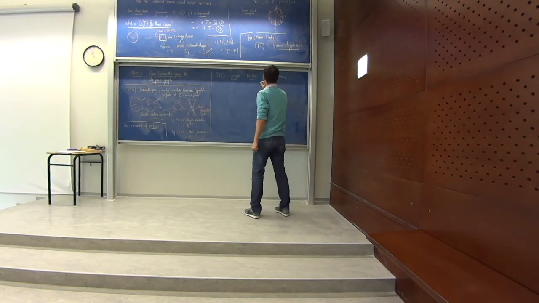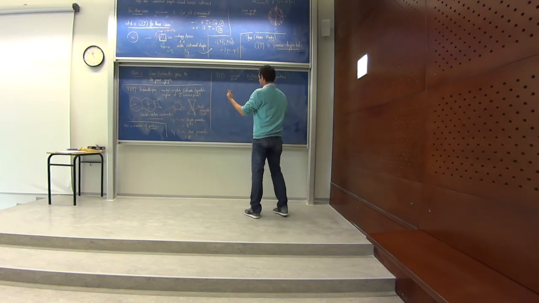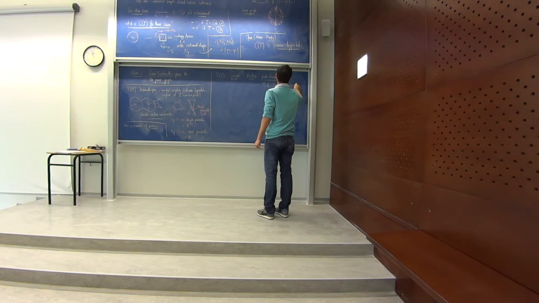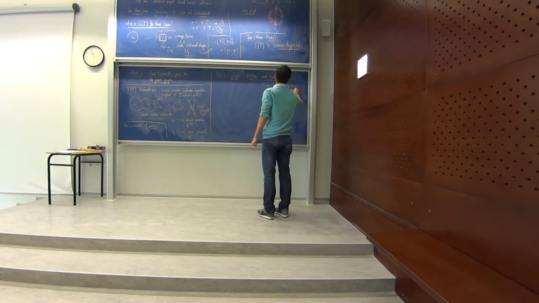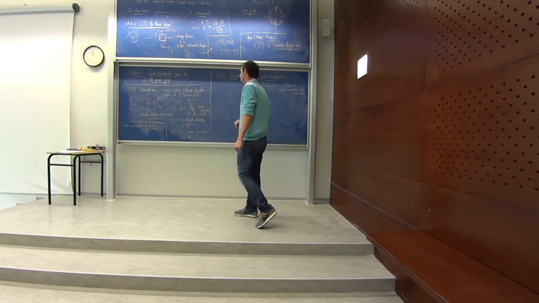So these are sets of isotopy classes of curves gamma 1 to gamma 3g minus 3 plus n, disjoint essential simple closed curves.